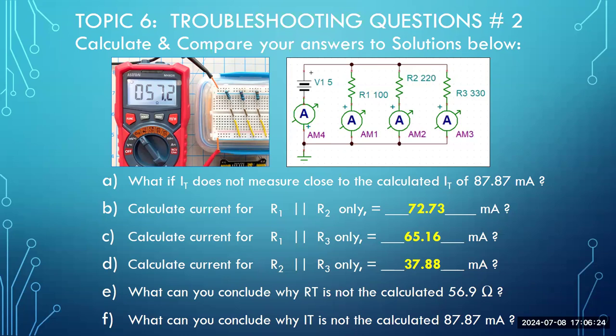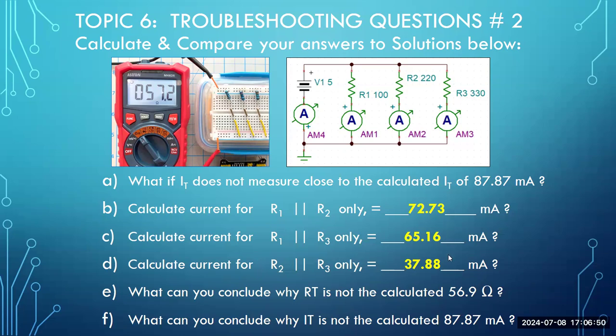Therefore, our total is not 56.9. So any one resistor falling out of the circuit for whatever reason, misconnected, would give us some different value of ohms, which we had calculated previously in the other slide. Now, F, what can you conclude about why IT is not the calculated 87.87?